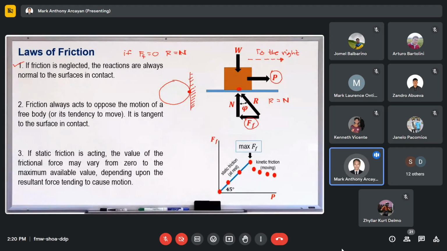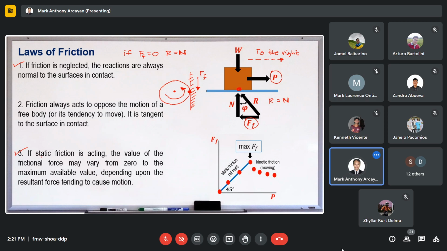Let's say the circular object rotates counterclockwise. The purpose of the frictional force is to resist that movement. If the ball rotates clockwise, the friction pushes it downward. This frictional force F sub F is tangent to the surface in contact, and it is opposing. Okay, let's proceed to number 3.